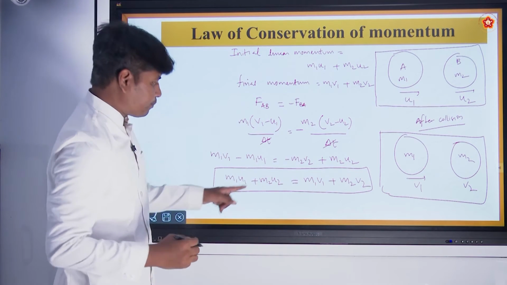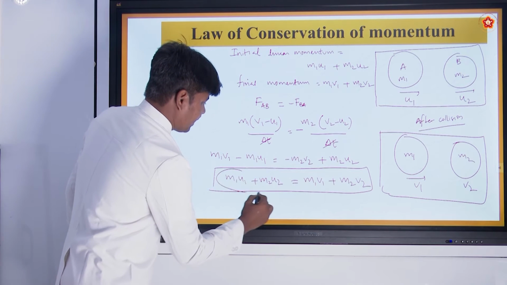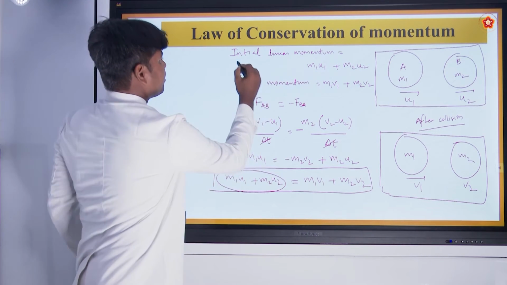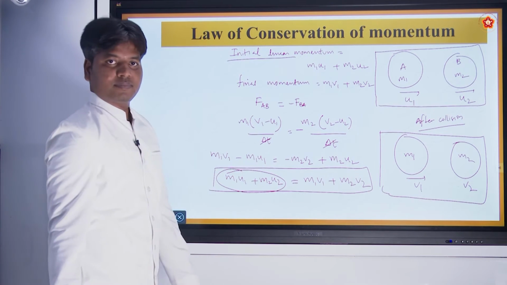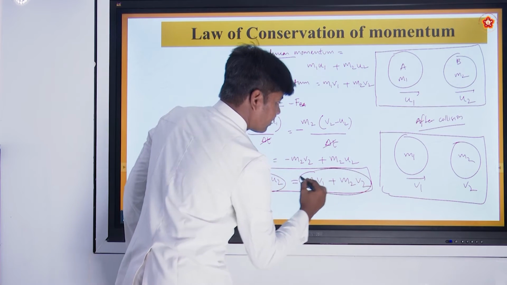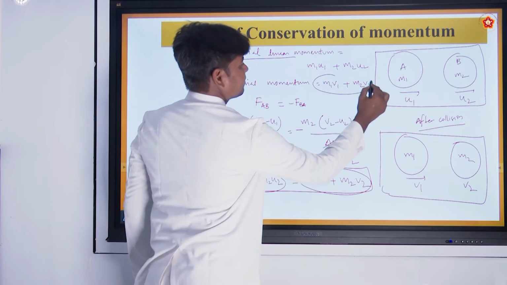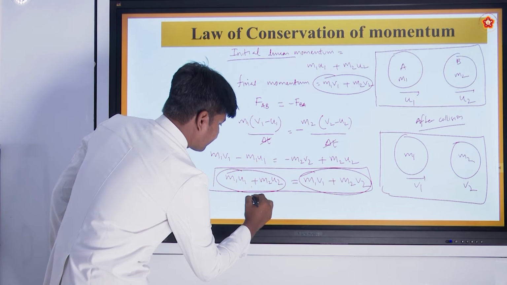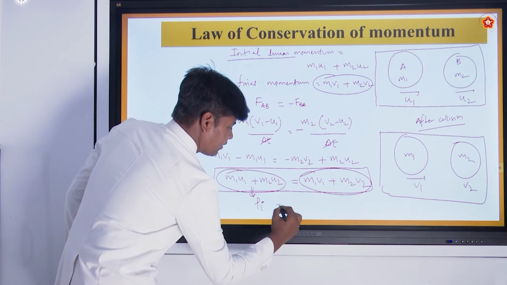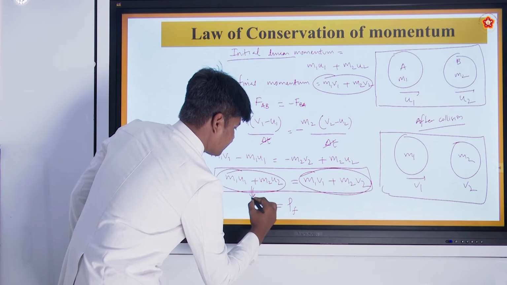So what does this part give you? m1 u1 plus m2 u2, initial momentum of the system. Now what does this give you? Final momentum of the system. So initial momentum of the system is equal to final momentum of the system.